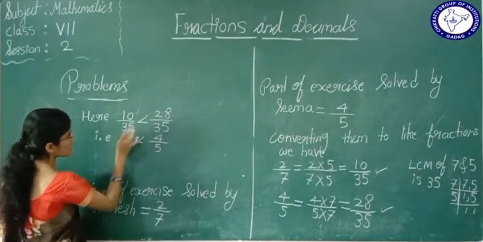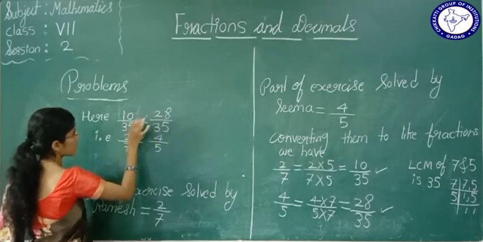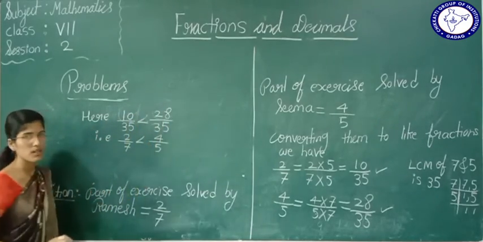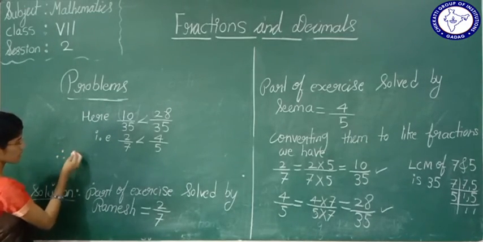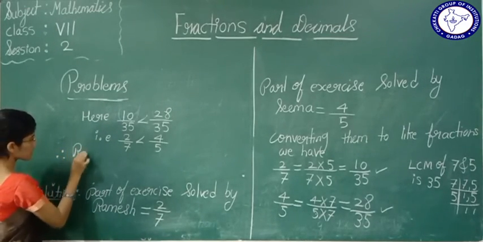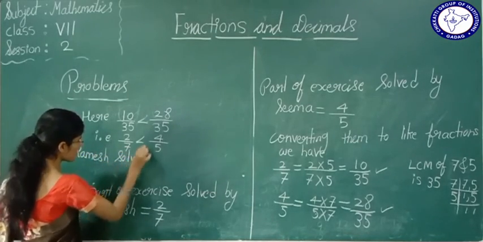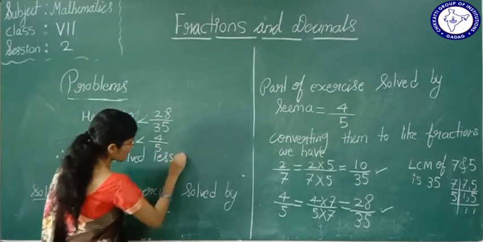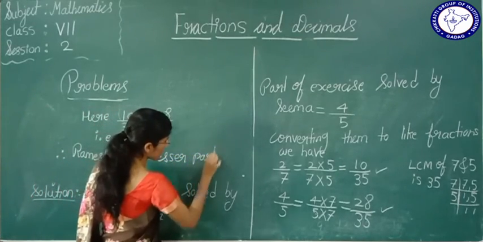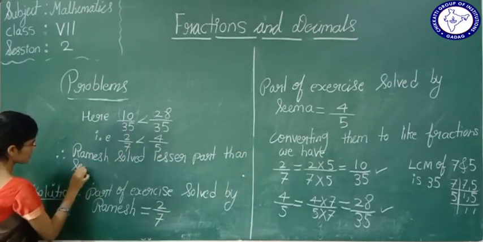If denominators are same, you have to see which is the bigger numerator, that fraction will be the bigger fraction. So what can we tell? Therefore, Ramesh solved lesser part than Seema.